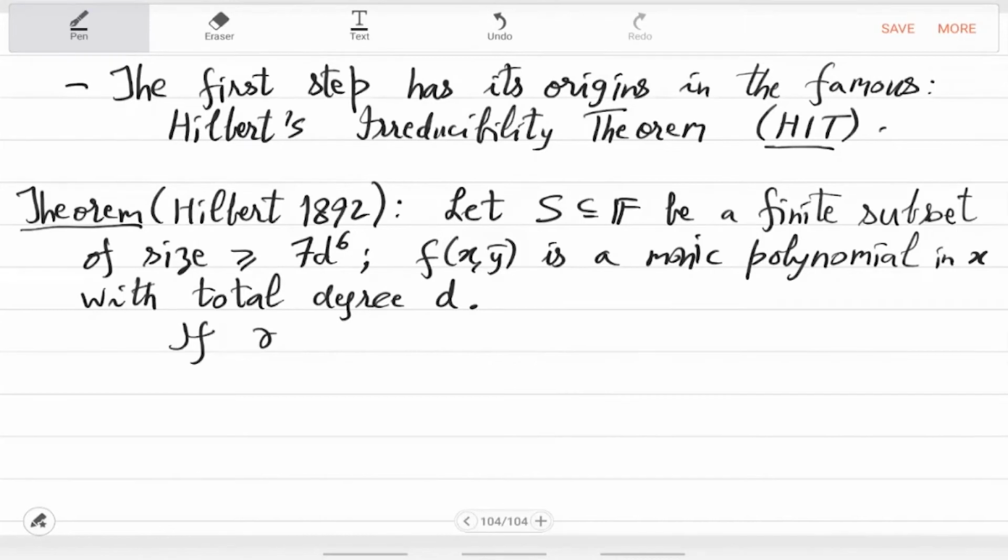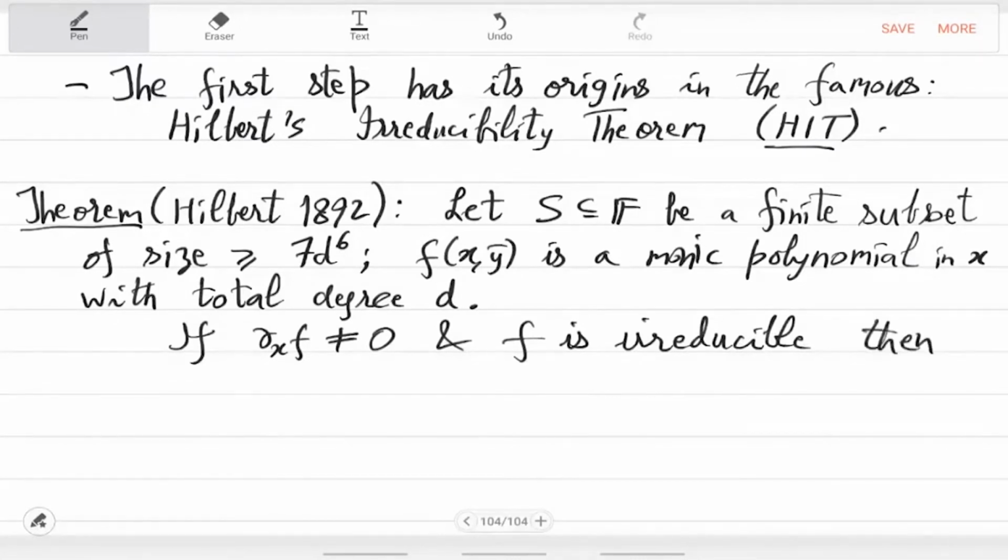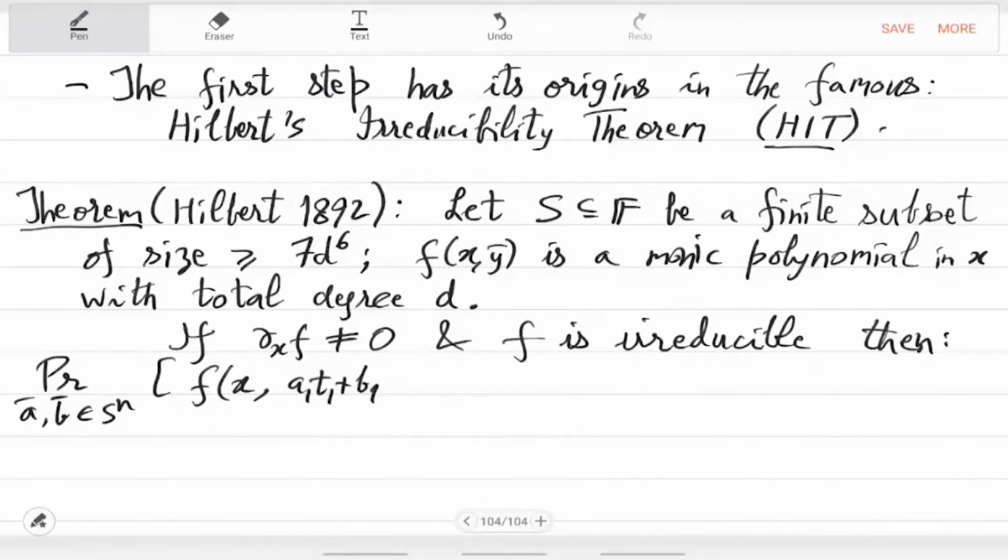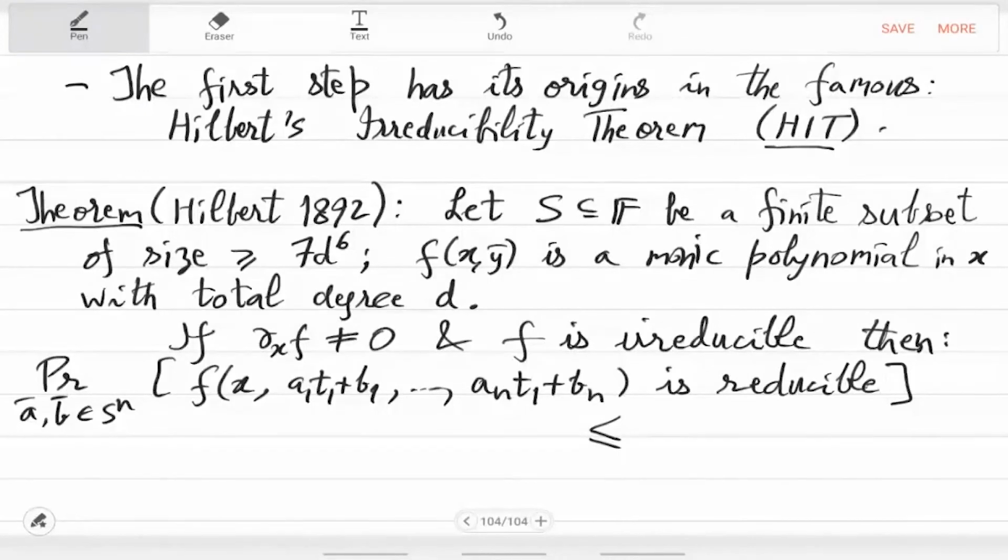So if the derivative of f is non-vanishing and f is irreducible, then the probability over a bar, b bar, s to the n, that the projection of f is irreducible, this probability is less than or equal to 7d^6 plus 2d squared.